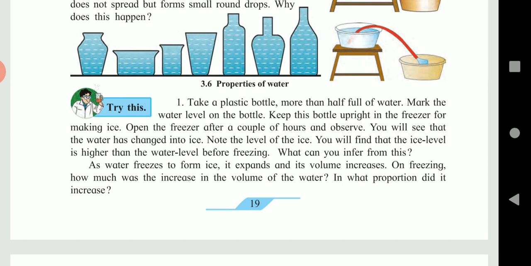Then we see the difference between the two heights. Which heights?